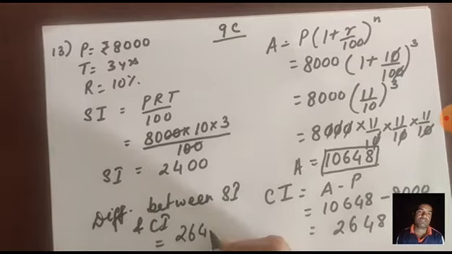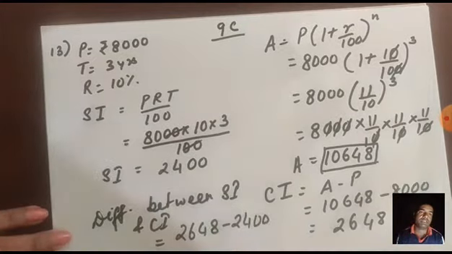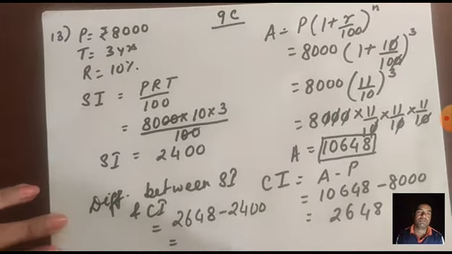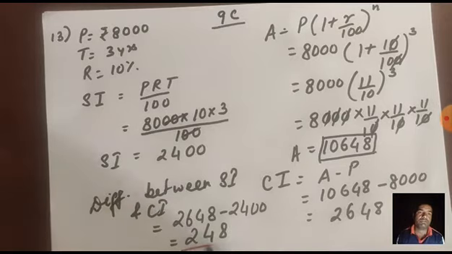So 2,648 minus 2,400, the difference is 248. Compound interest is more by 248. So we have found the difference.